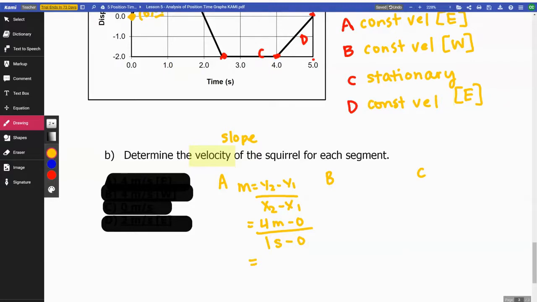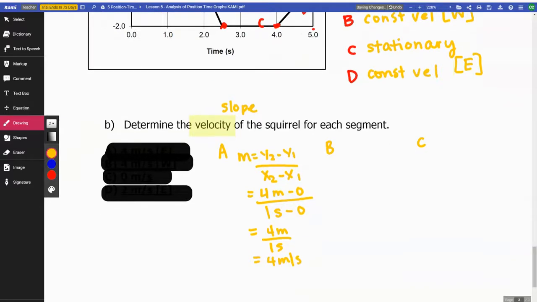So 4 minus 0 is 4, 1 minus 0 is 1. I conveniently made it so that I'm minusing 0. Whatever you get is always east. If it's negative, you swap it to the west.